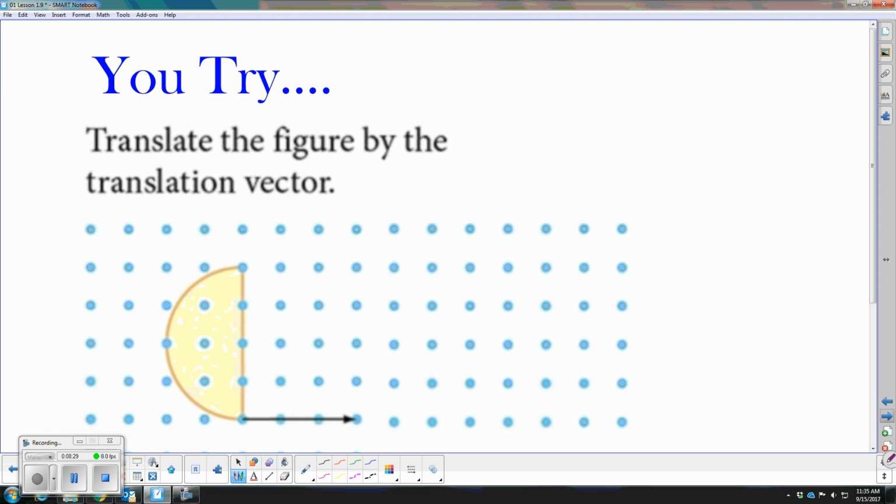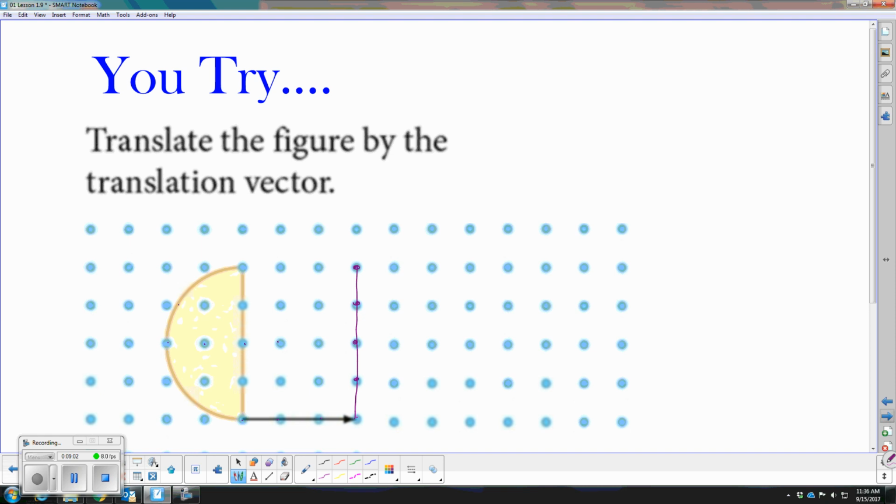So we are going to want to move each point of this original figure 3 spaces to the right. So I'm going to start with the straight line ones because I think that's probably the easiest. So move all of those points 3 units to the right. And then I'll just use this one as kind of a guide. 1, 2, 3.